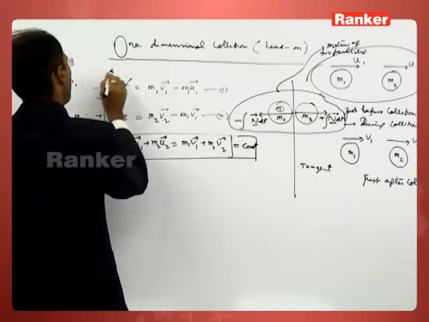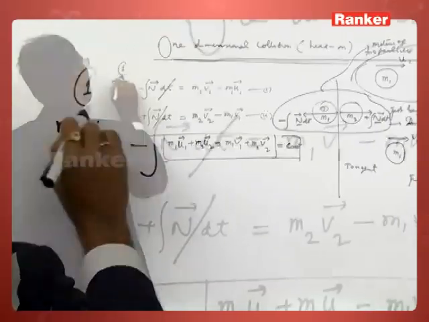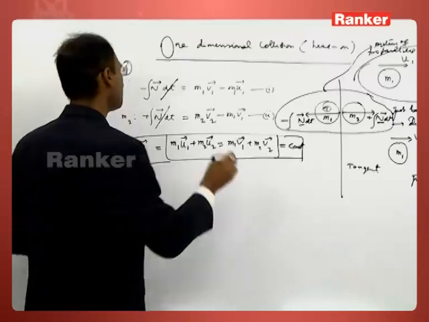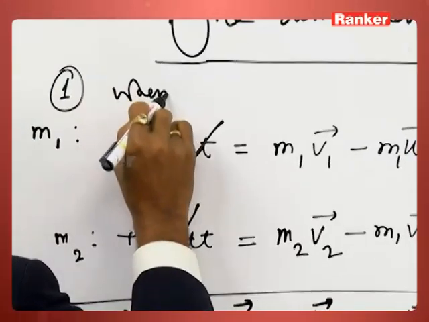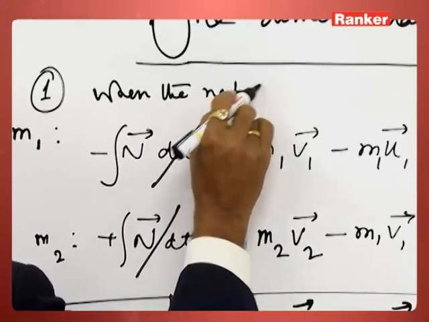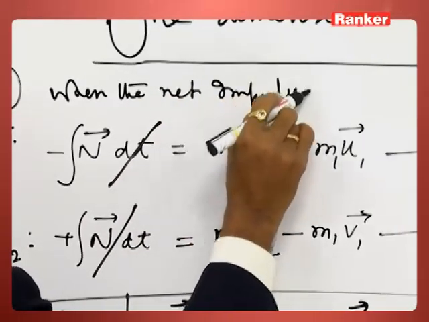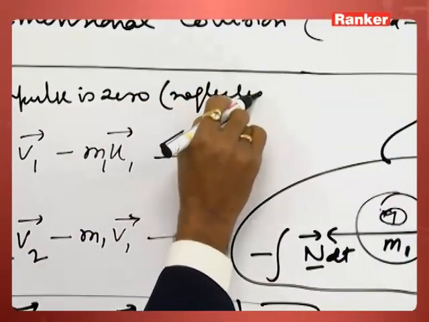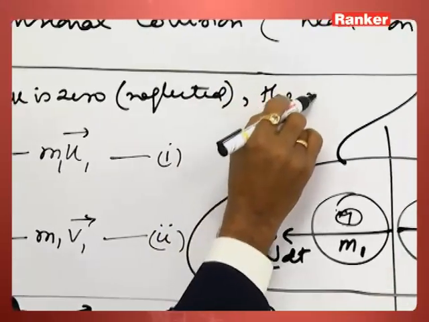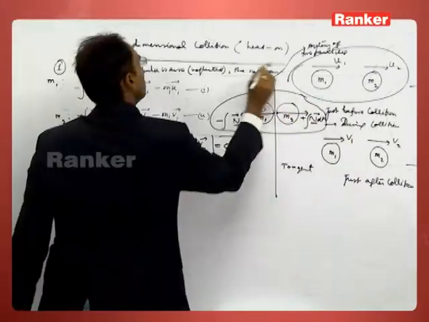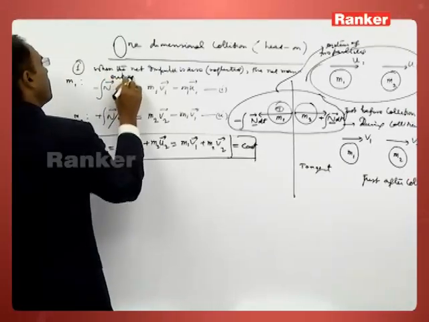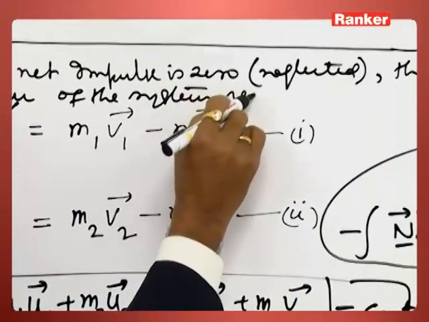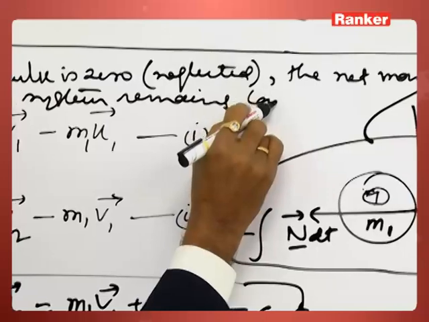This is the idea derived from Newton's second law on the system of particles, which states that when the net impulse is 0 or neglected, the net momentum of the system remains conserved.